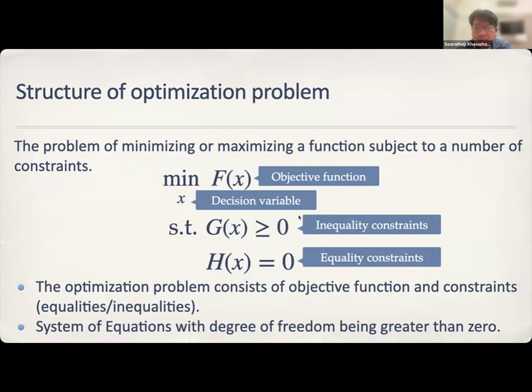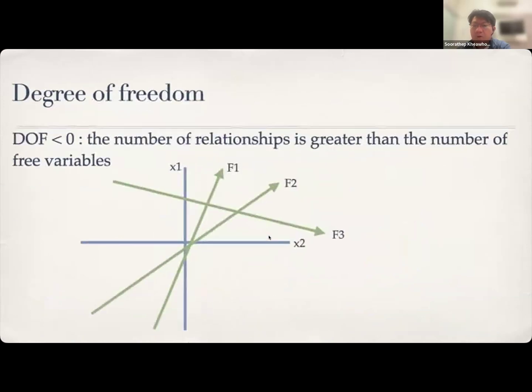If we have many equality constraints, and the number of decision variables equals the number of equality constraints, what does it mean? Our problem renders to a system of equations already. That means we cannot adjust anything because all the decision variables are already defined by equality constraints. So we have to think about the degree of freedom first.